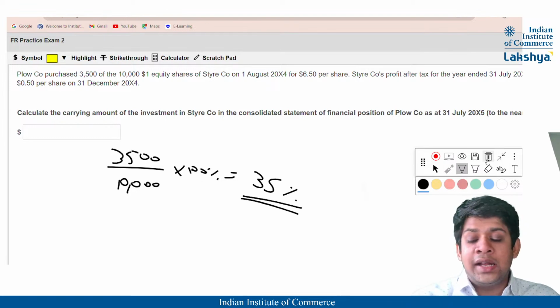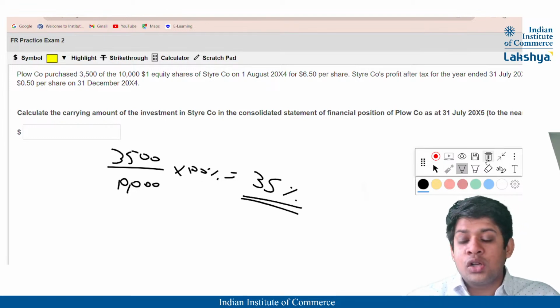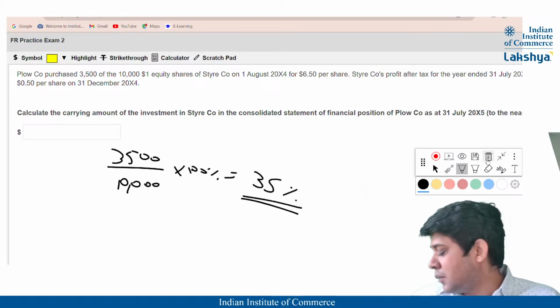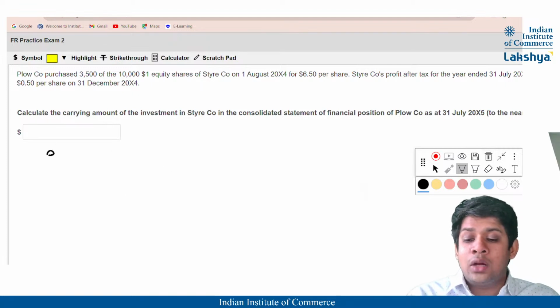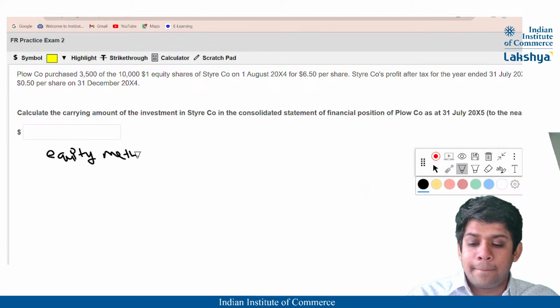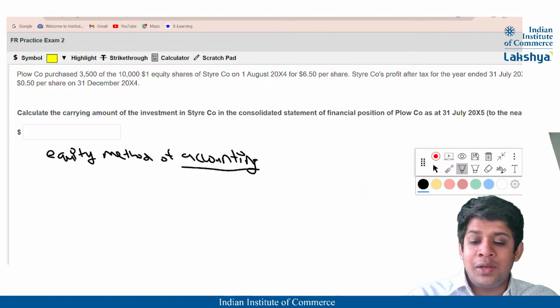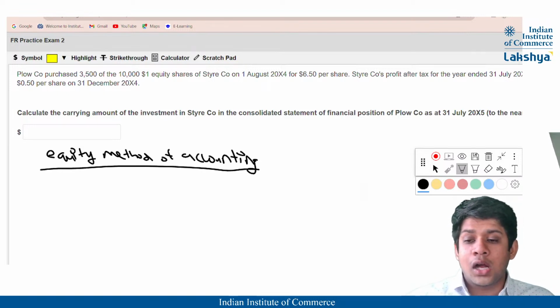Technically I do not have control over the company because control is determined above 50%, and this is just significant influence. So here we are going to use the equity method of accounting.